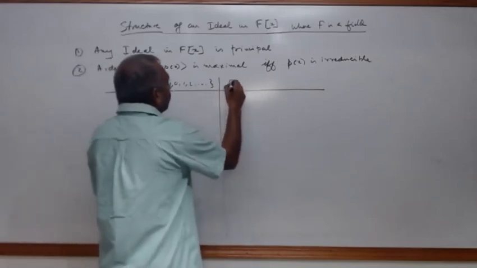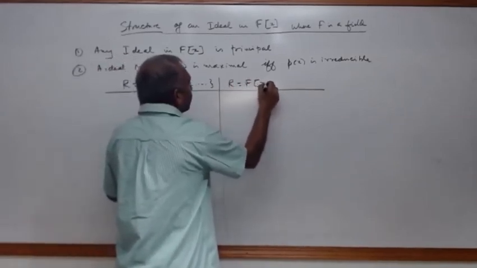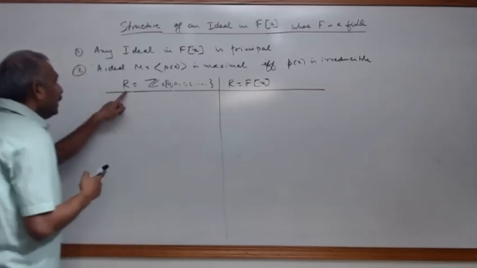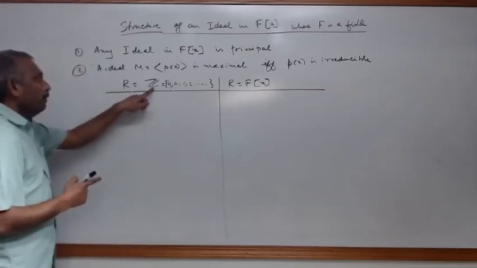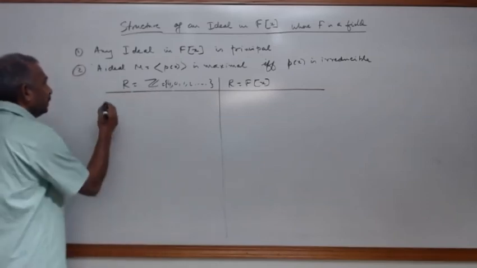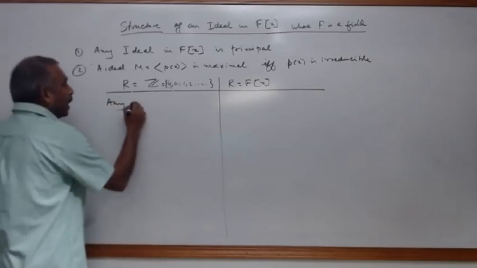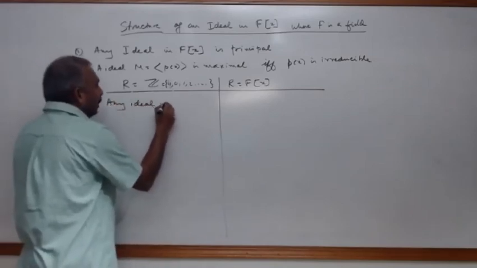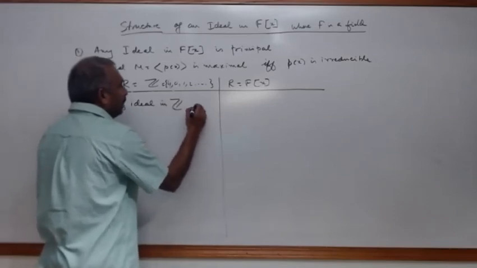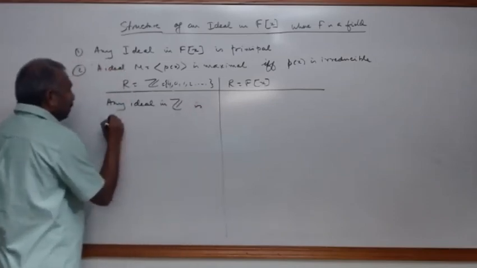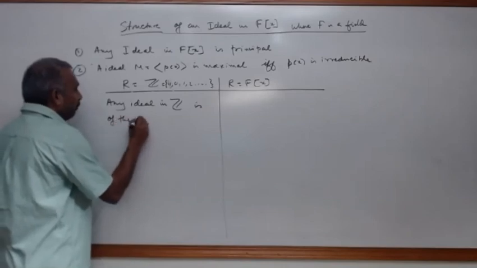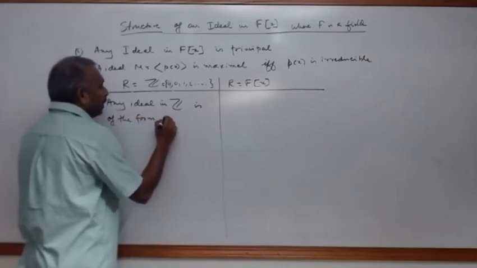Here R is equal to F[x]. In the ring of integers, any ideal in Z is of the form nZ.